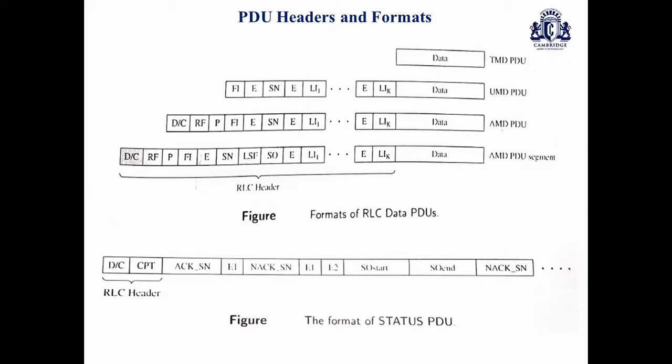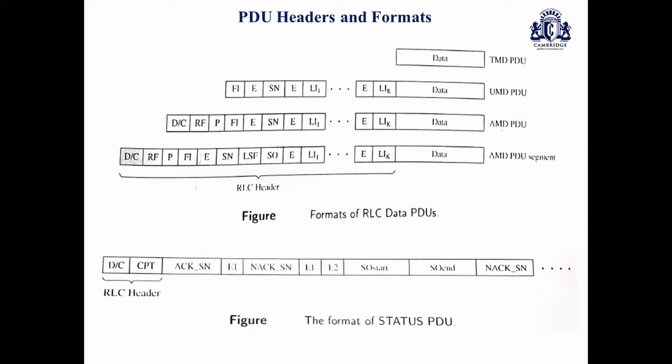SO start and SO end in the status PDU indicate the portion of the AMD PDU, with respect to the sequence number for the negative acknowledgement, that has been detected as lost at the receiving end of the AM RLC entity. This happens with respect to SO start as well as SO end.